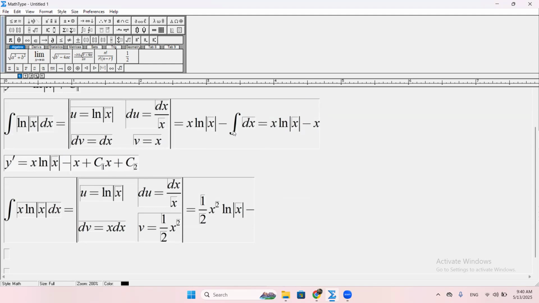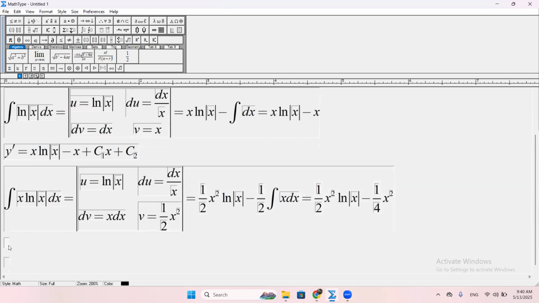So now everything is correct here. And here minus 1/2 integral of x dx, which gives minus 1/4 x square.